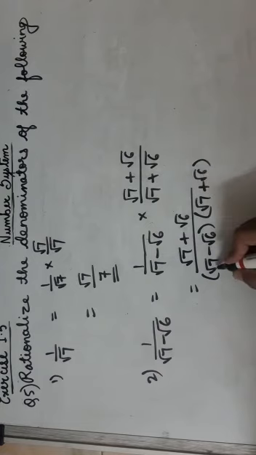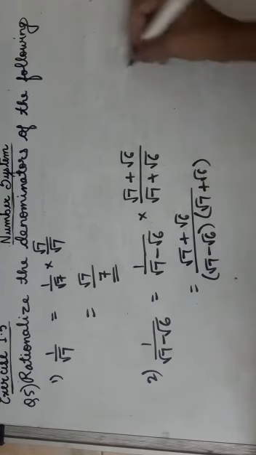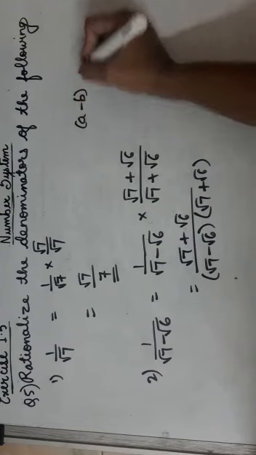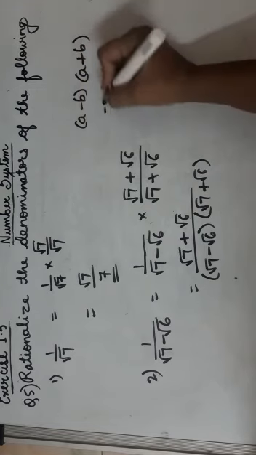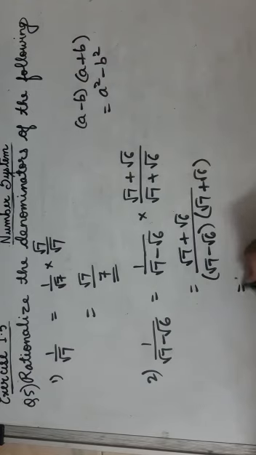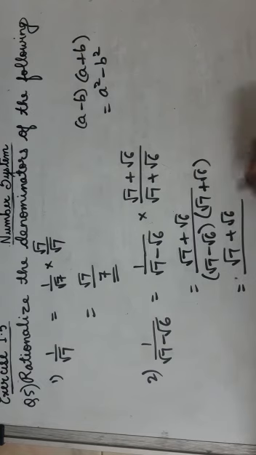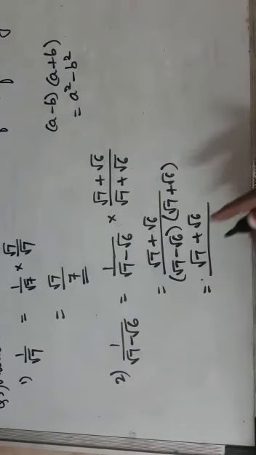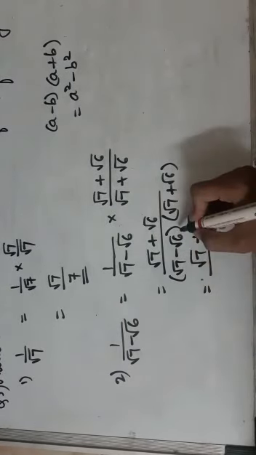So this is of the form a minus b, a plus b, which is equal to a square minus b square. Apply that formula here. So the numerator is as it is, root 7 plus root 6, and what is your a here? Root 7 is a and root 6 is b.